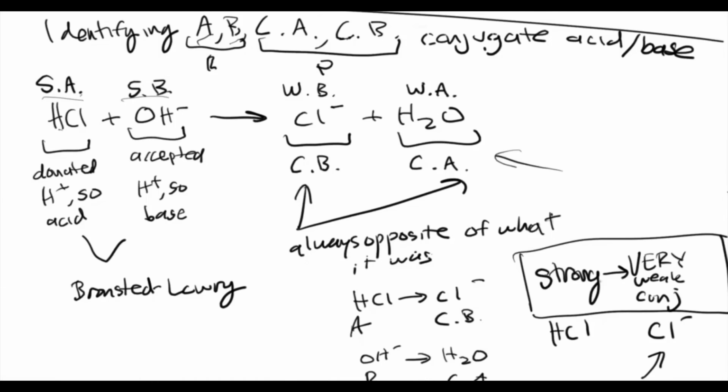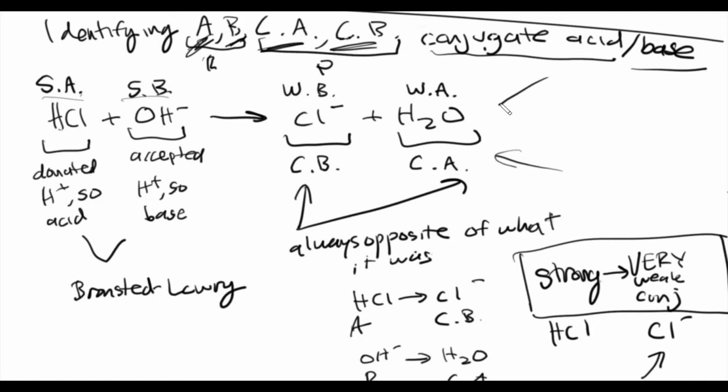And so let's now talk about identifying acids, bases, conjugate acids, and conjugate bases given a neutralization reaction. And we will talk about what a conjugate acid and a conjugate base is. But the best way to talk about that is by doing an example.